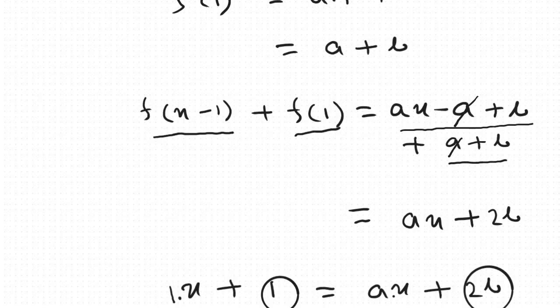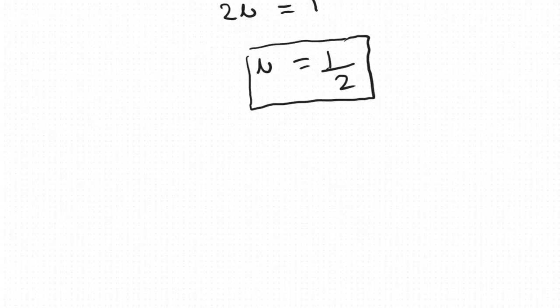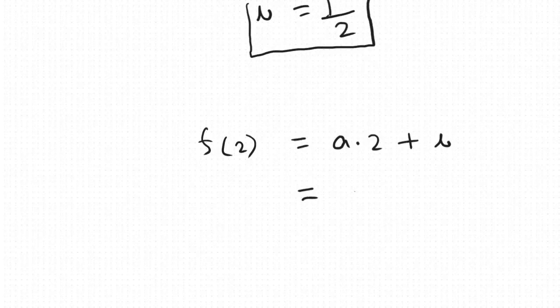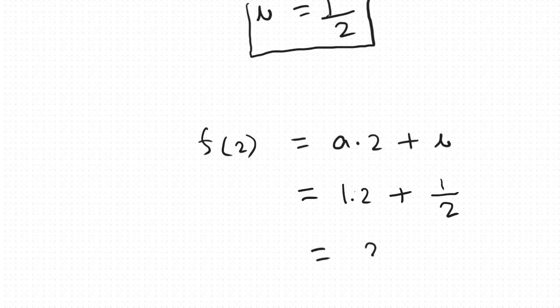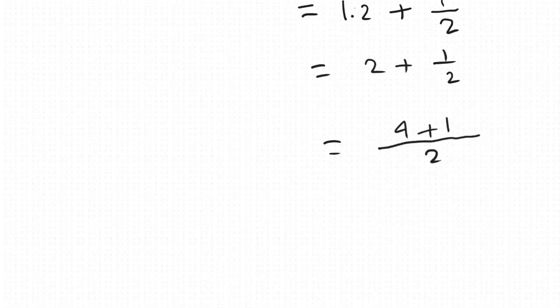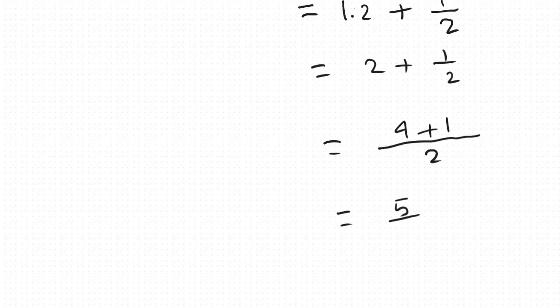We get f(2) as a times 2 plus b. a means 1, so we put the value of a as 1, and the value of b as half, so we get 2 plus half, or 4 plus 1 on the numerator and 2 on the denominator, so we get 5 by 2.